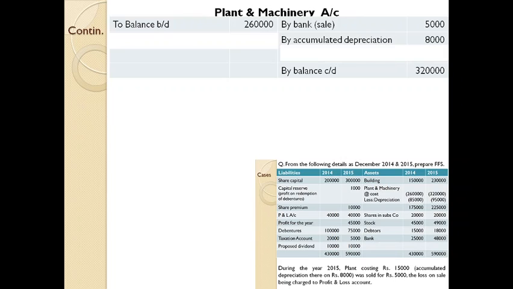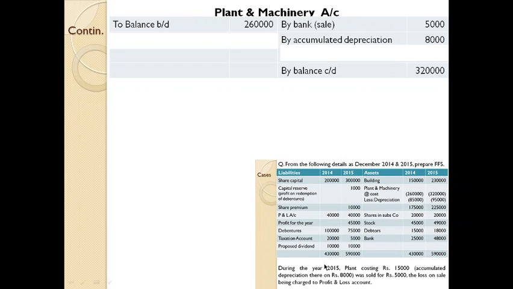And next you need to find out whether the sale was on profit or loss. And you know how to find the profit or loss. Here the cost of asset is 15,000 and the accumulated depreciation is 8,000, and the sale price is 5,000. In order to find the profit or loss, you need to compare the sale price with its book value.